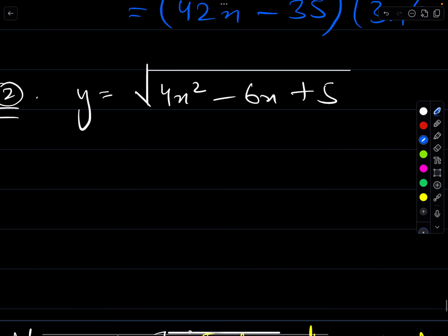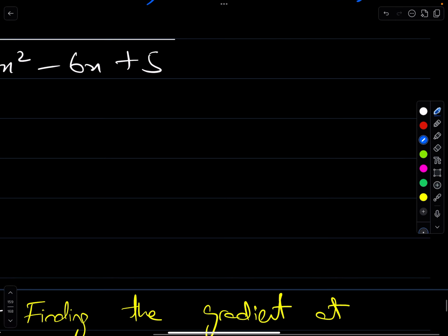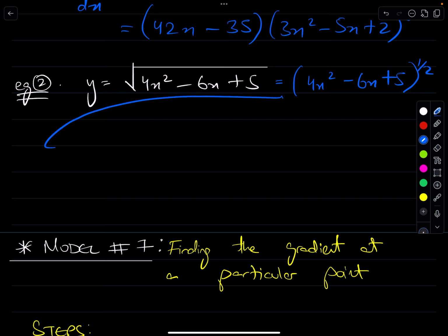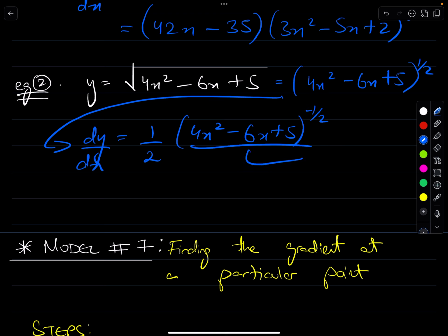Then our last and final example, start by rewriting this again. So it's 4x square minus 6x plus 5 to the power half. Then finding dy by dx. First of all, bring the power down. Whatever is inside the bracket remains as it is for now. Reduce the power by 1 to become minus half, and first of all find the differential of the bracket.